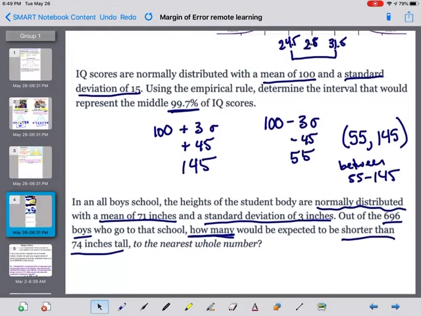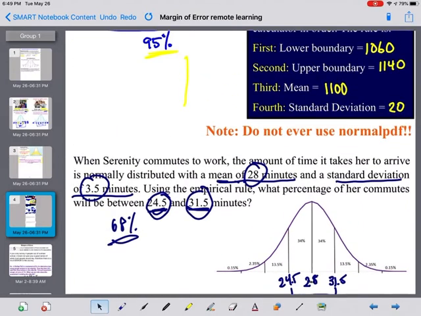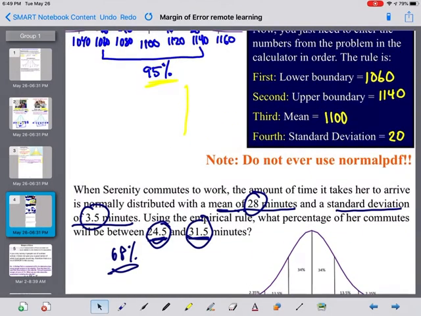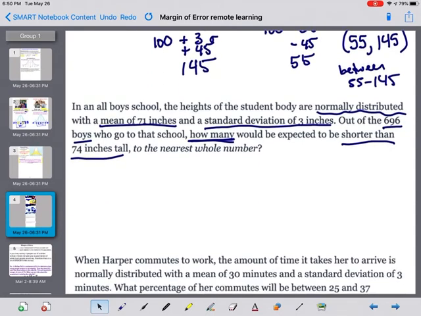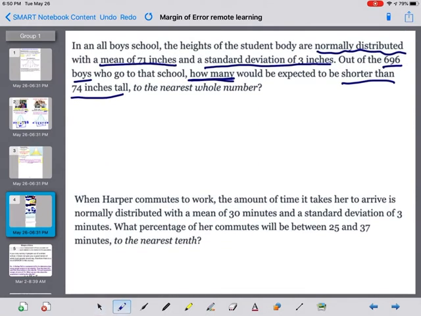So we're going to learn how we use the same calculator trick. We always do the lower first, upper, mean, and standard deviation. Our lower, it says they have to be shorter than 74.